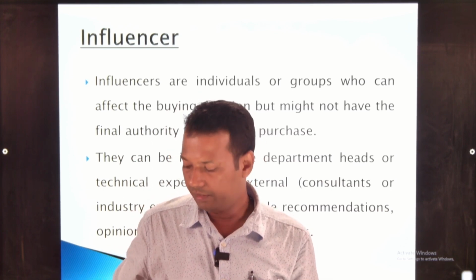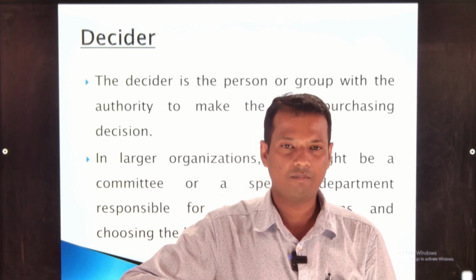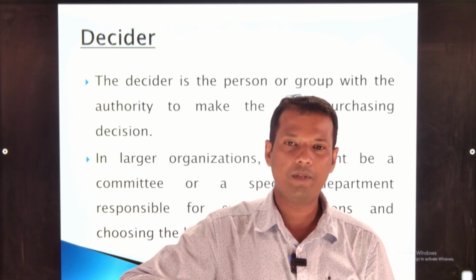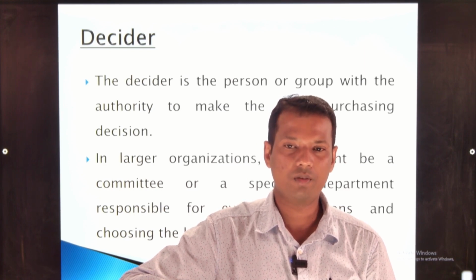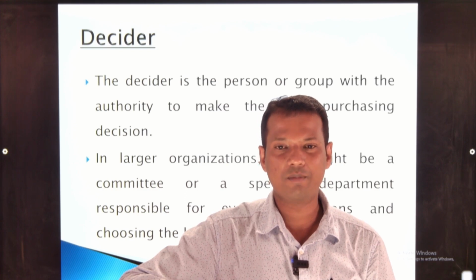Next, decider. Who is a decider? If we consider the metro rail project of Bhubaneswar, the initiator is also the government of Orissa, and the decider is a part decider; we cannot say it's a full decider.